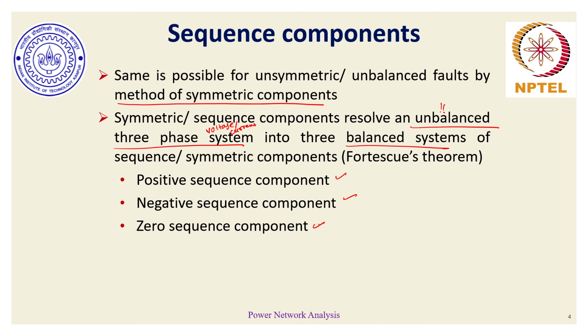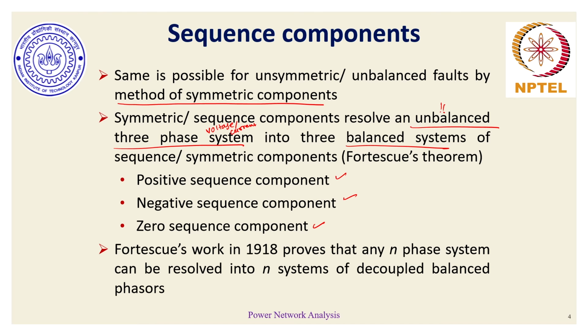We have briefly discussed this in the basic circuit principles also, and there is a dedicated proof as per Fortescue's work, which states that an n-phase system can always be resolved into n balanced systems, and the beauty of such a transformation is that these systems all remain decoupled. That means a positive sequence component will never appear in a negative sequence circuit.